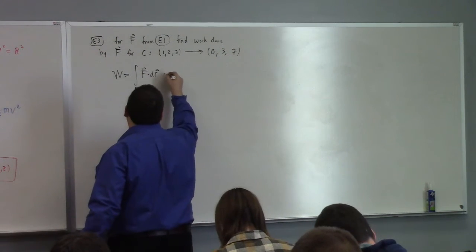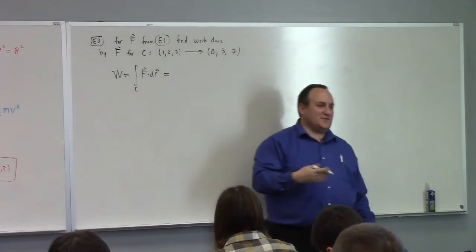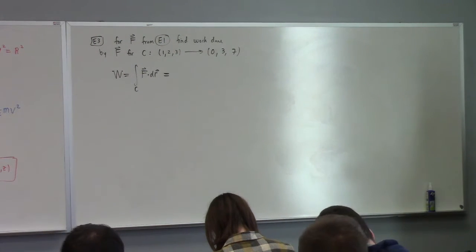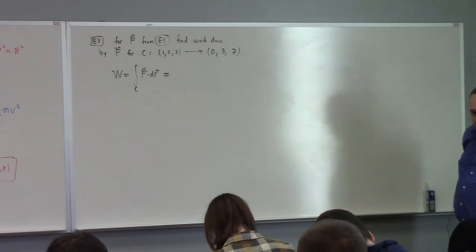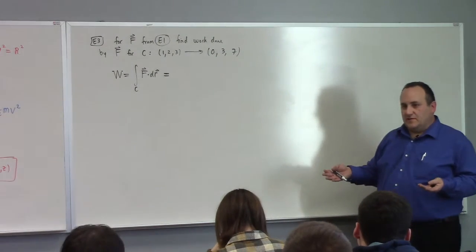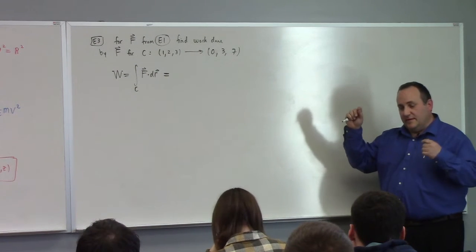So here's a pro tip for you. On the next test, if I ask you to calculate the work done by a force along a curve, and I don't tell you the parameterization for the curve, I don't tell you the trajectory that you're following. Think about last class.